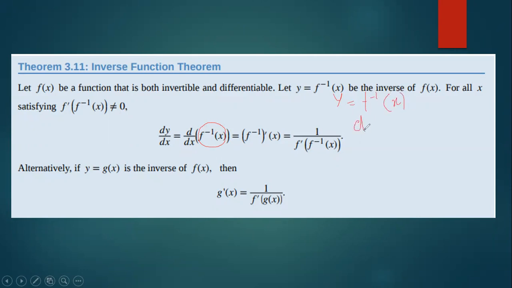So my derivative will be d upon dx of f inverse of x, which will be equal to (f inverse) derivative of x, and this will be equal to 1 upon f derivative of f inverse of x.